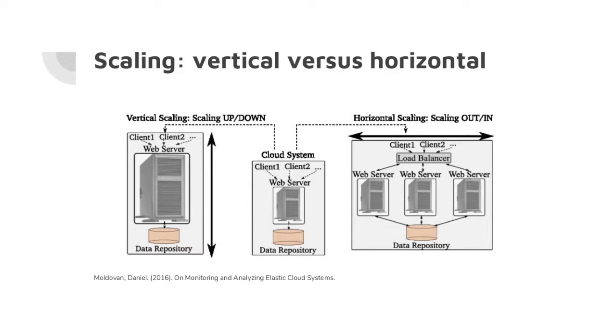Or you can also do horizontal scaling, which is called scaling out. And there, instead of having a single server with more RAM and more CPU, you use multiple servers. And then you have a load balancer. Horizontal scaling allows more flexibility because you can add servers dynamically.